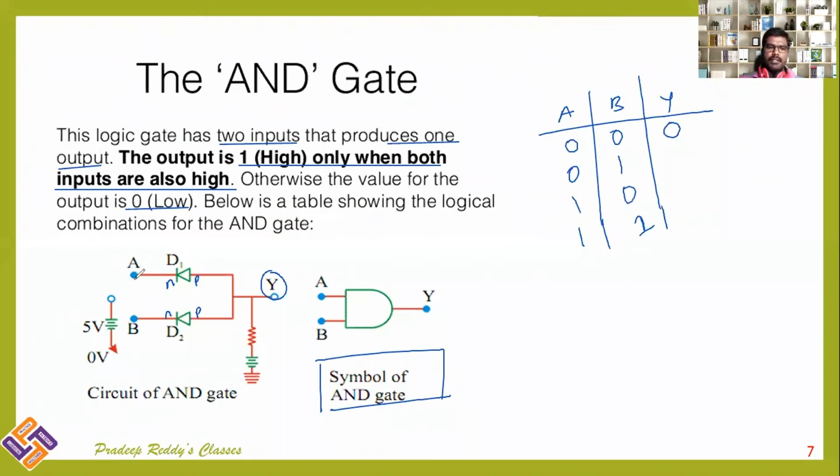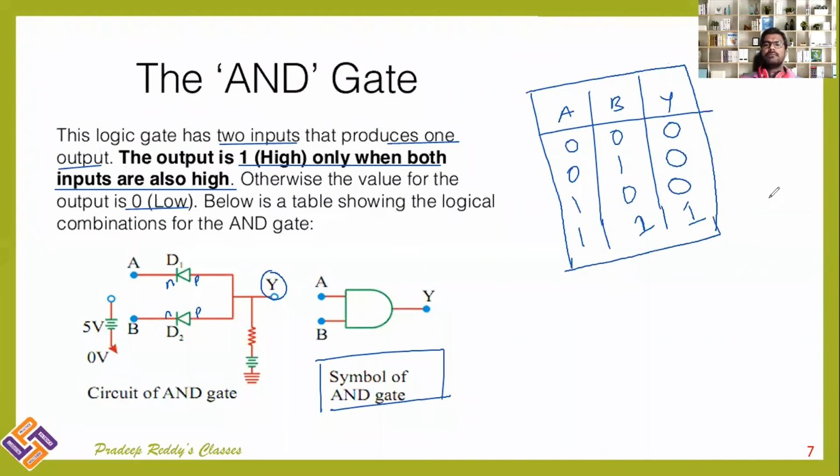Likewise, if one of the inputs is 0 and the other one is 1, even then the output will be 0. Likewise, if input A is 1 and B is 0, the output will be 0. And if both the inputs are high, then only you will get output, because both the junctions are connected in reverse bias, right?